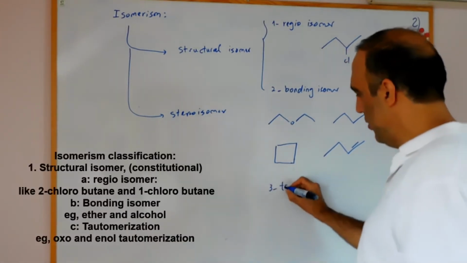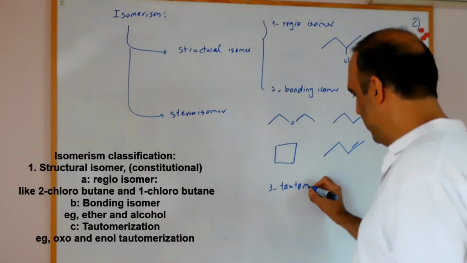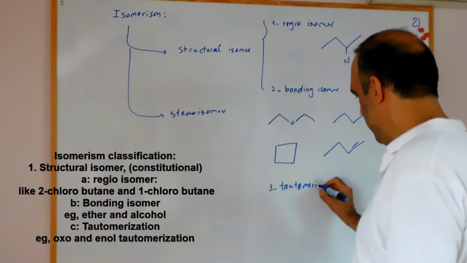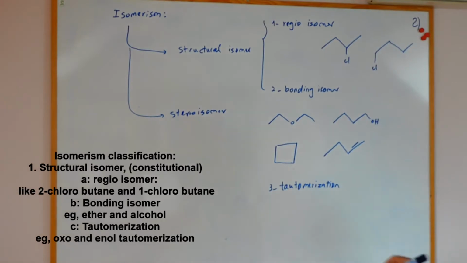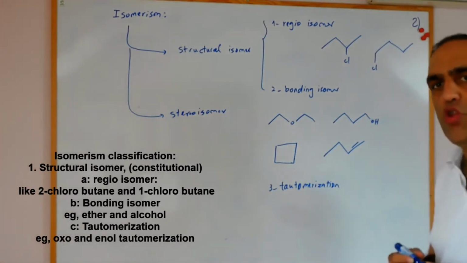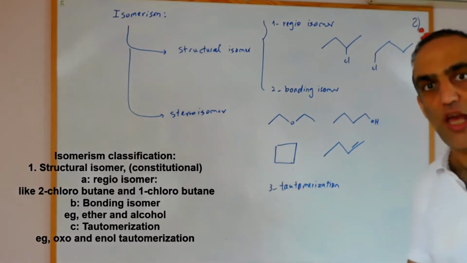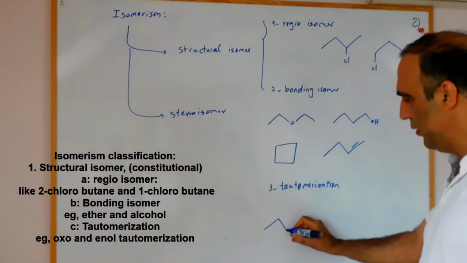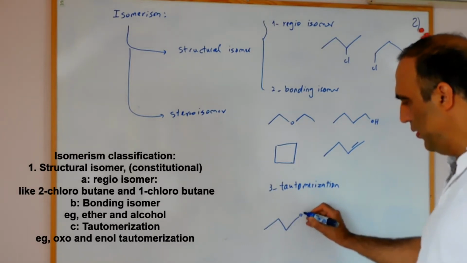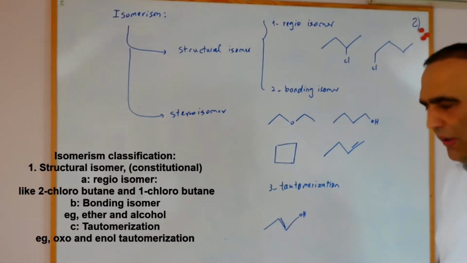And the third one, tautomerization. Tautomerization is when the position of the double bond and the hydrogen, usually the alpha hydrogen, changes. For example, I have this example. It is an enol.